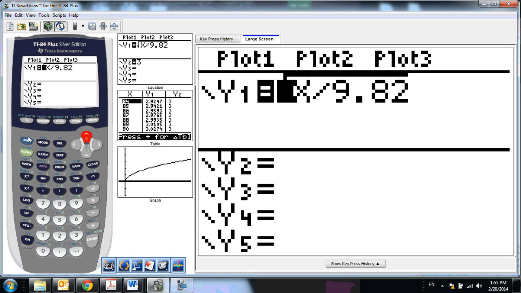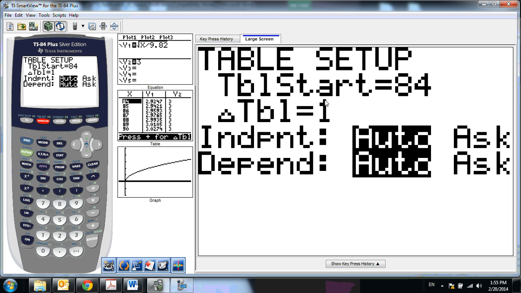If you're nowhere close to 3 and you don't want to just sit there and scroll, you can press second, and right over the window button says table set, and you can change your table start value to anything you want. It'll jump there automatically. So if you want to, just type in 80 or 85, something like that, and then go to your table.